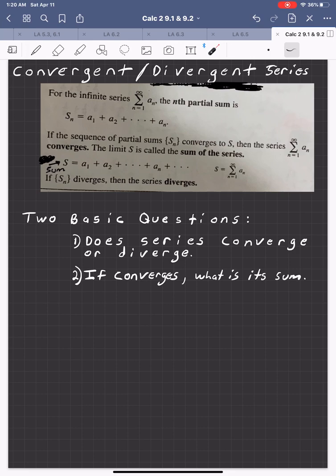So the idea of does the series converge or diverge, meaning if you were to continue to list out the terms of the series, will it converge upon a number or diverge as n goes to, let's say, infinity, because we're interested in the infinite series, infinite sequences.